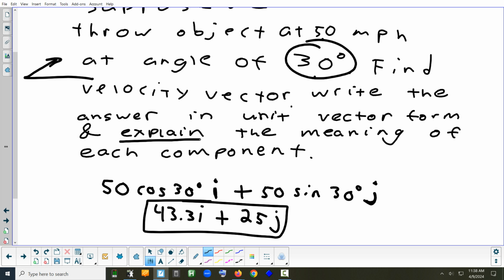What is the 43.3? If this object was actually traveling 50 miles an hour at an angle of 30 degrees, what could you measure about it that would be 43.3? Like the distance of x? No, it's not a distance. Yes, it's the horizontal speed.